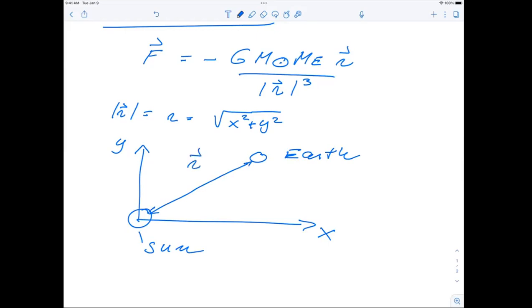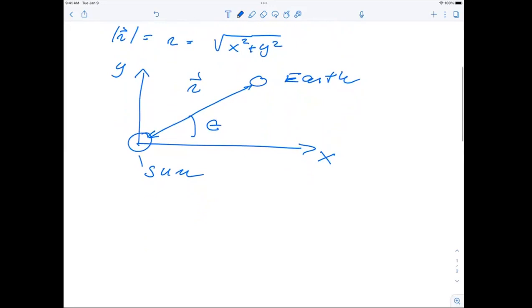And we have r here, we have a theta here, and in our specific case, what we get then is obviously that x is equal to r times cosine theta, and y is equal to r times sine theta.